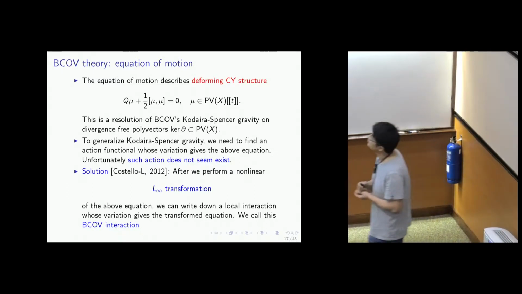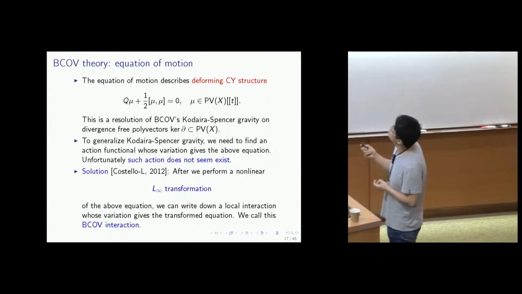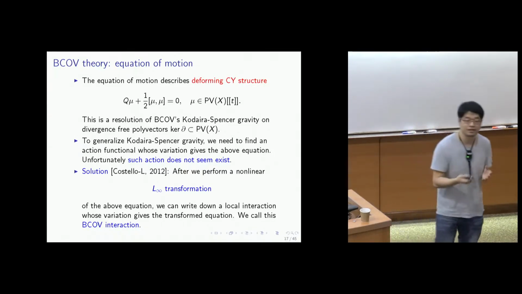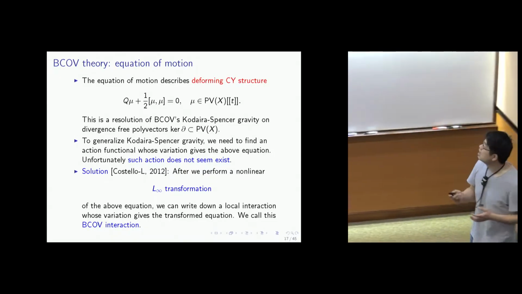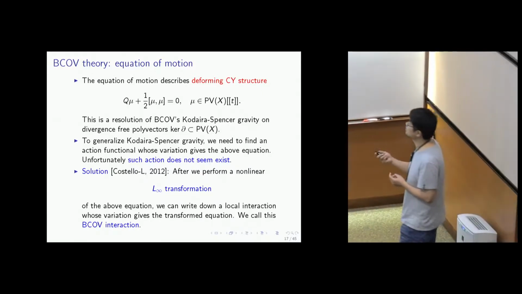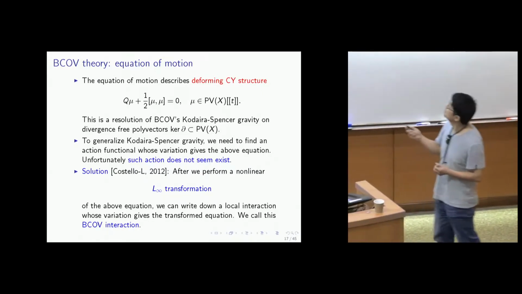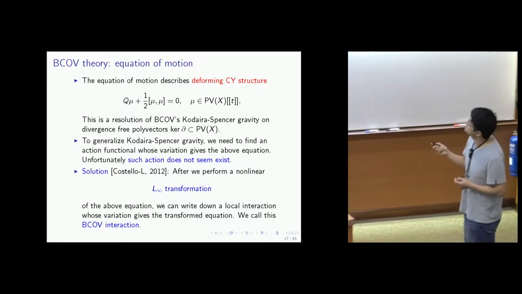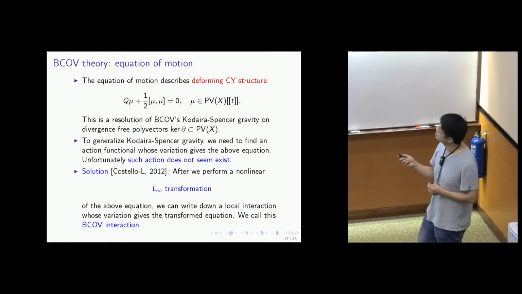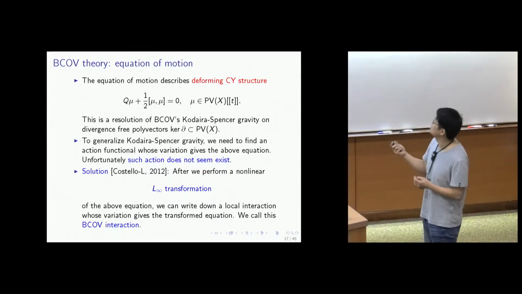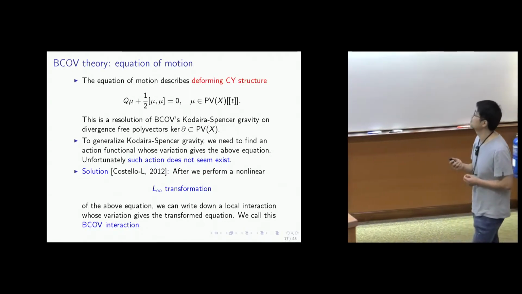But later, we found something interesting. We tried to do some transformations within the category of differential graded Lie algebras, and we failed. But if you enhance it to the category of L-infinity algebras, it turns out we can perform an interesting, highly nonlinear L-infinity transformation of this equation to get something for which we can write down action functionals, and that's actually an interesting part.